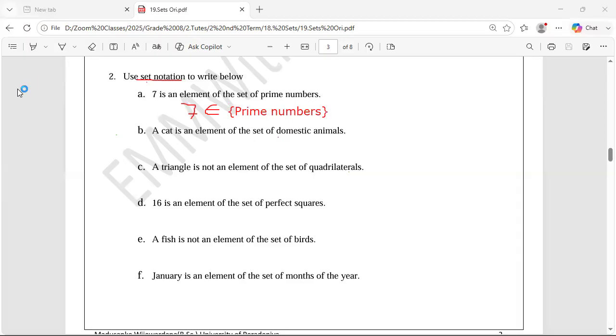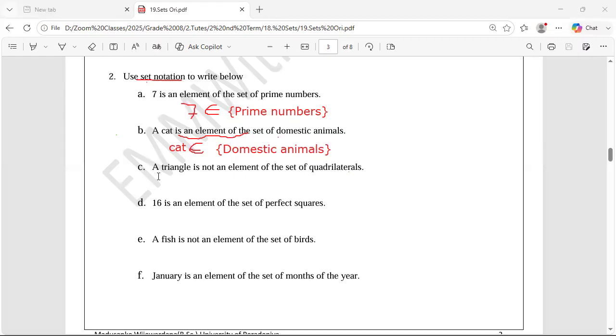So first you have to write cat. Then here you have "is an element of," you know how to represent it. Then open curly bracket. Right? Domestic animals. Now you know how to do.